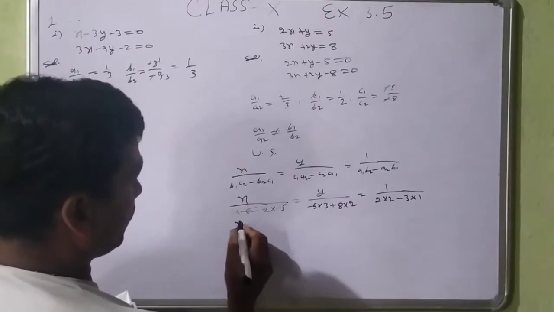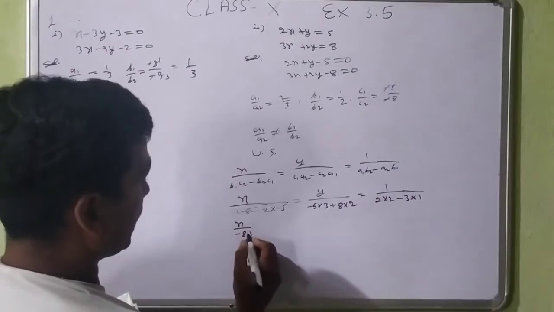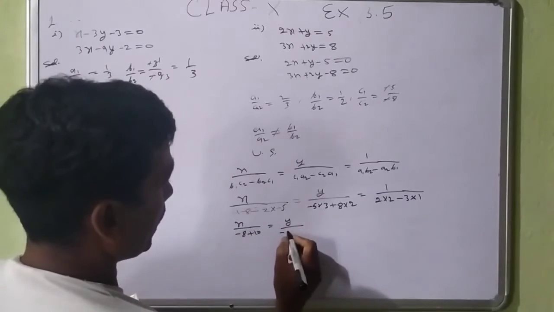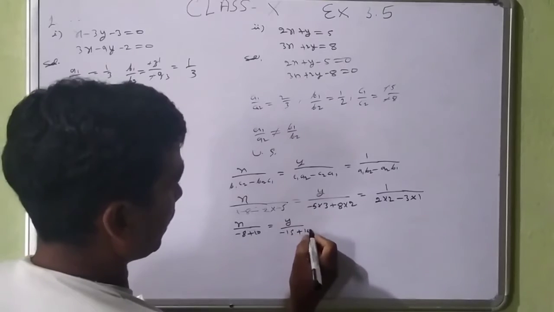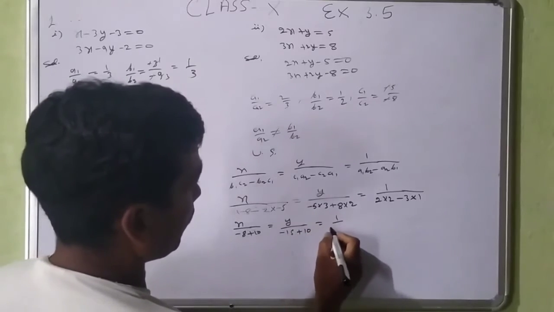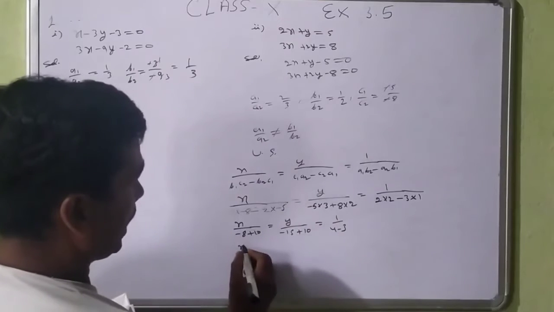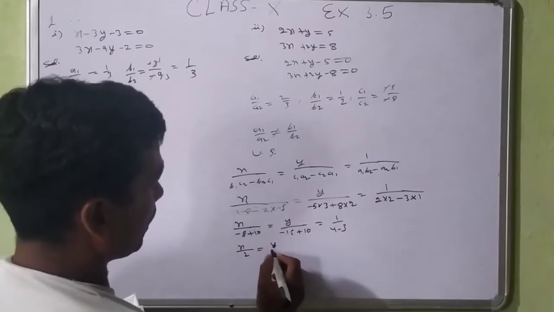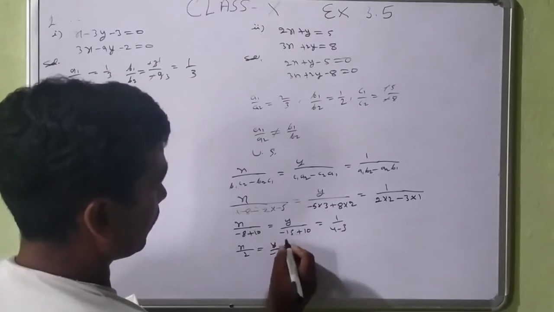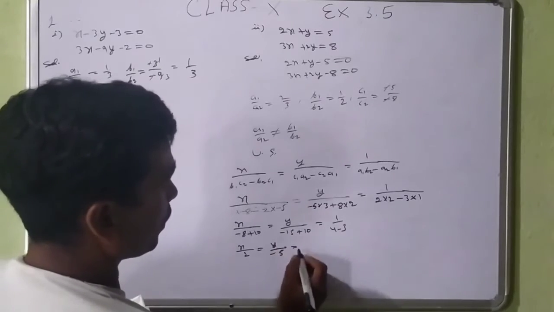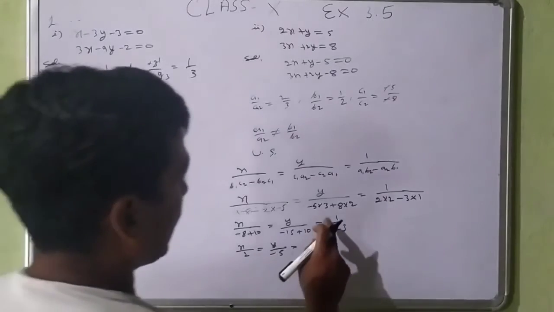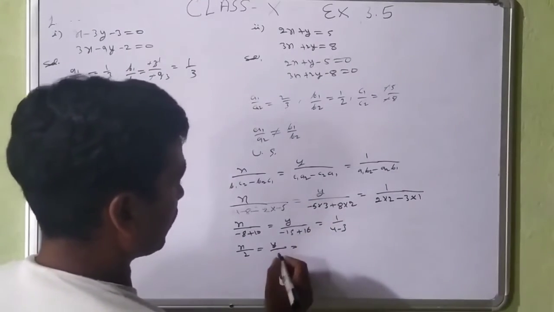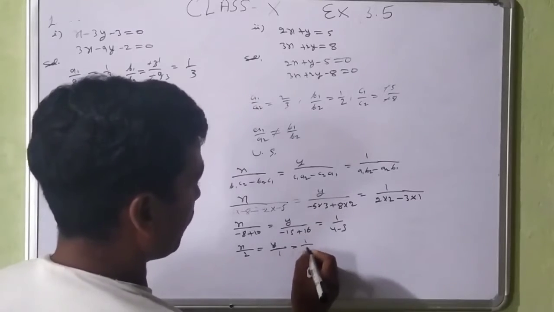Now x upon minus 8 plus 10 is equal to y upon minus 15 plus 10, is equal to 1 upon 4 minus 3. So x upon 2 is equal to y upon minus 5 is equal to 1 upon 1.